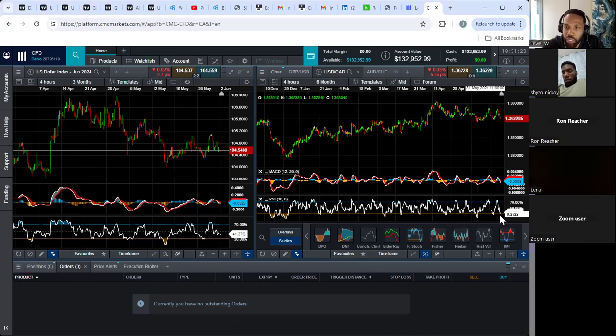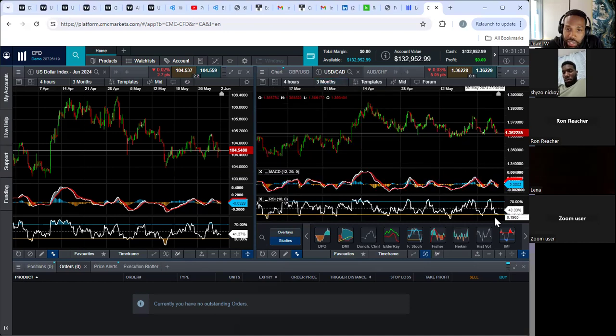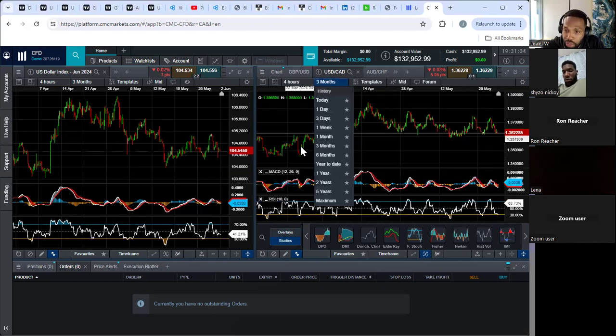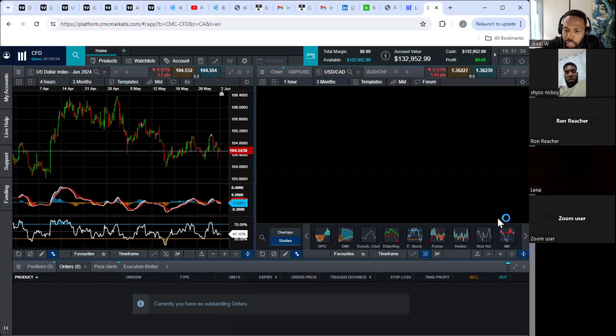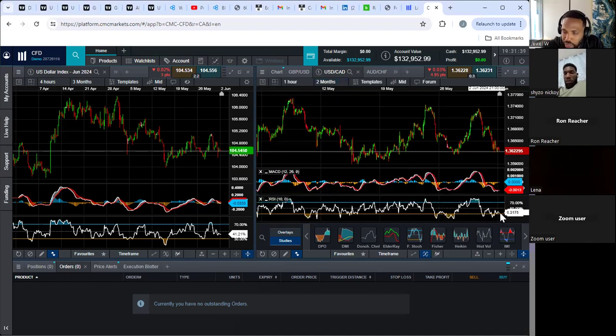So if it's showing I have a good price on the 6 month at 30 RSI, and it's also showing I have a good price at the 3 month at 30 RSI, and if it's also showing that on the 1 month, right, I have a good price around the 30 RSI, that means the likelihood of me profiting from the trade that I'm just gonna make has increased, right? So it's like you're rolling the dice, and you know you're gonna hit seven every time that you roll. So that's basically what I'm trying to do.